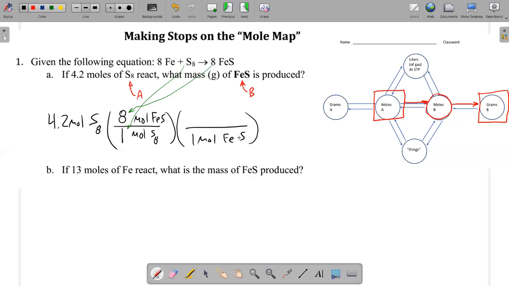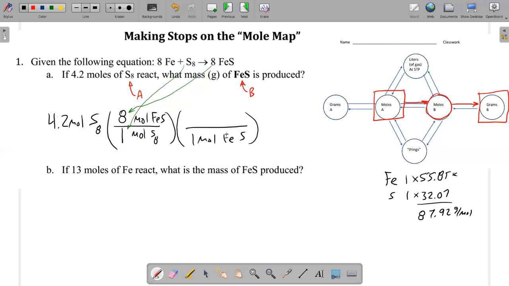Okay, so iron's 55.85. You've got to figure out the formula mass. It's iron and sulfur. There's 1 iron and 1 sulfur. Iron has a mass of 55.85. Sulfur is 32.07. So you just add these up because you don't really have to multiply. 87.92 grams per mole.